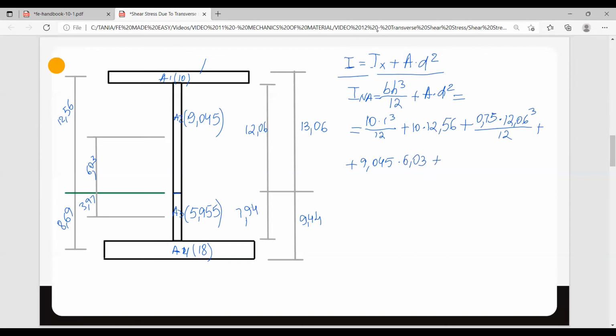Plus area number 3: 0.75 times 7.94 cubed over 12, plus the area, 5.955, multiplied by 3.97.